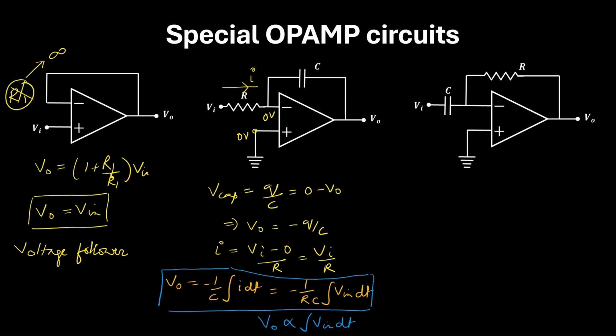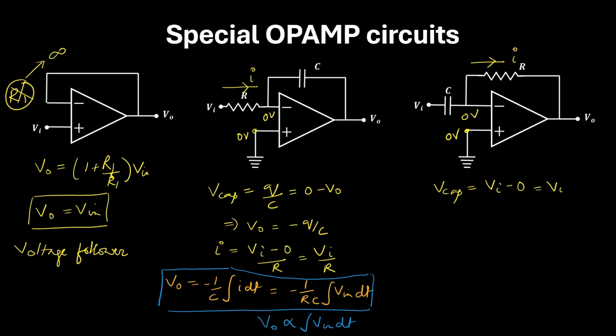We can apply the golden rule. So this one will be 0 volt, this one will be 0 volt. And let's say the current flowing through R is I. So the voltage across the capacitor, V cap, will be equal to Vi minus 0.